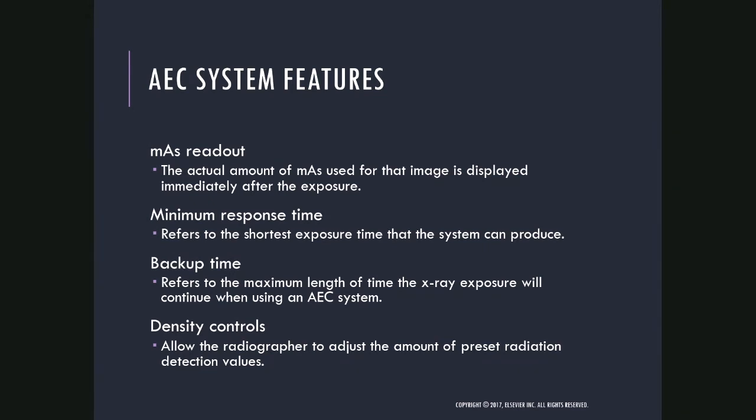So from our example of doing a lumbar spine, you want to set it in such a way that if you thought the person's exposure was going to be 80 mAs, let's say it's a big person, we want to set it to where, what's 150% of that? 120 mAs or 160 mAs is our backup.